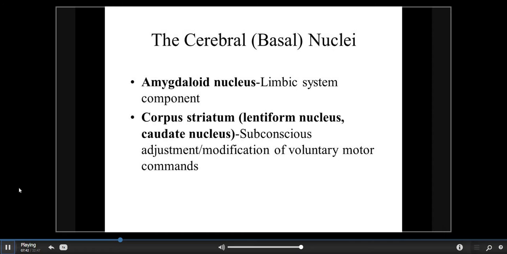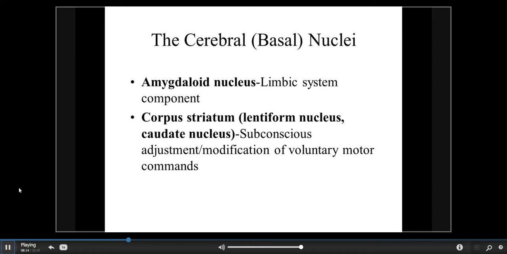Now, we're going to go deeper to the cortex and get to the core of the cerebral hemispheres, and we're going to take a look at what's known as the cerebral or basal nuclei. Some textbooks out there address this as the basal ganglia. Those terms are used interchangeably, basal nuclei, basal ganglia, but the most correct is the basal nuclei.